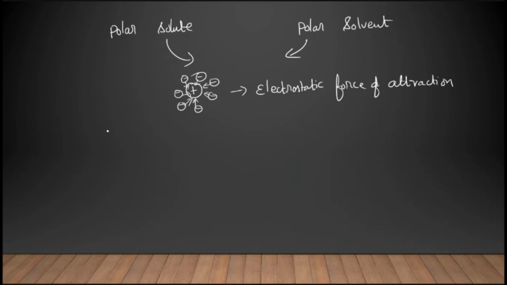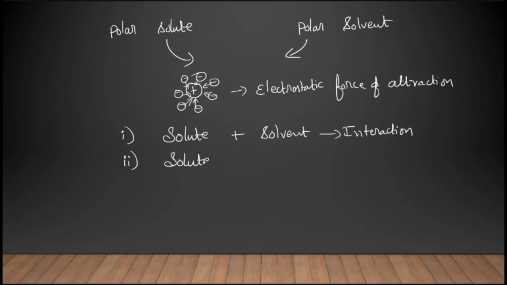So basically three types of interactions are possible when you dissolve a polar solute in a polar solvent. The first type of interaction is solute plus solvent interaction. That is, your solute might interact with a solvent. The second type of interaction is your solute will interact with solute.